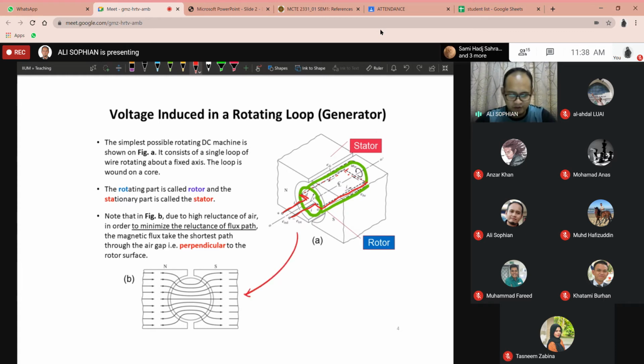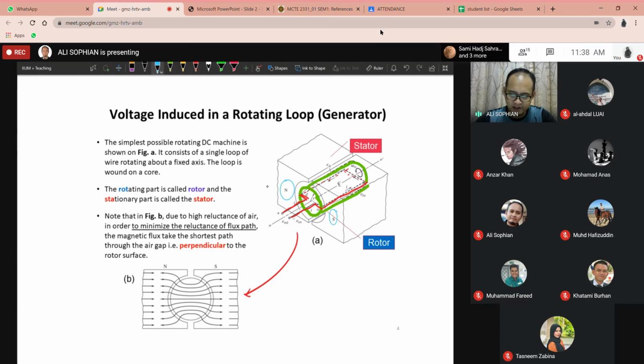Before we go to the front side, the cylindrical core and the single loop are located between two magnetic poles, north and south. So this is north, and that's the south one.